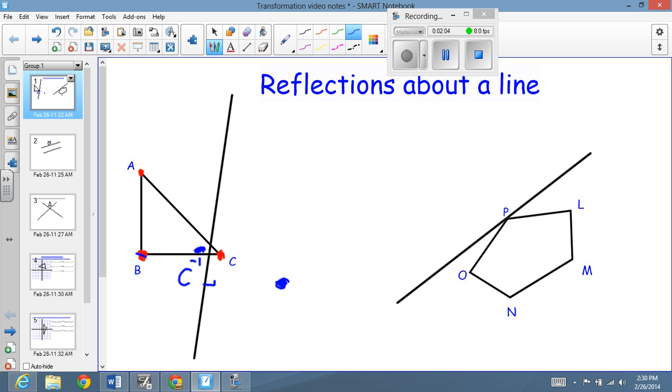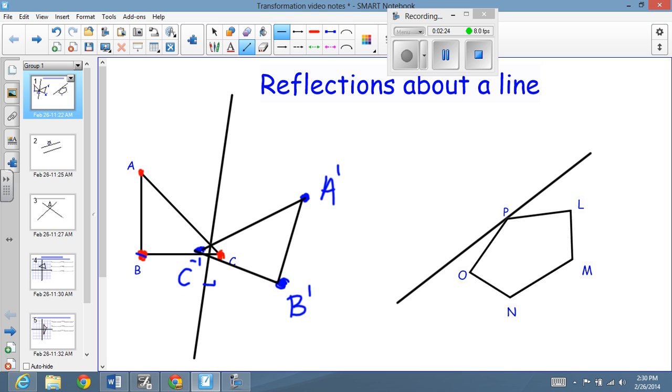And then lastly I'm going to take point A and reflect it across the line as well. This would be my A prime, this was my B prime, and then I'm just going to connect those dots, those vertices, and that's going to be my reflected triangle. Okay? Alright.